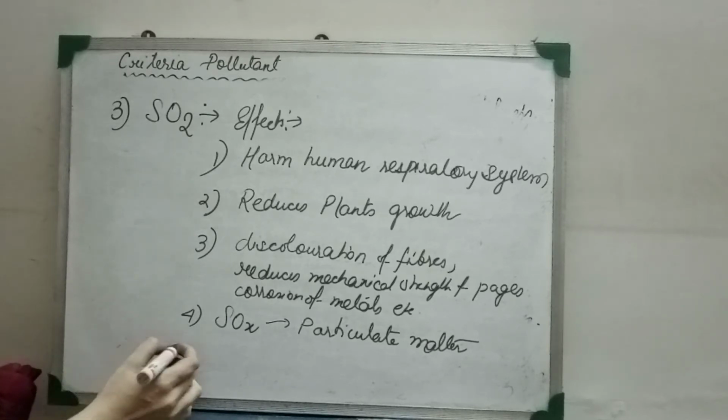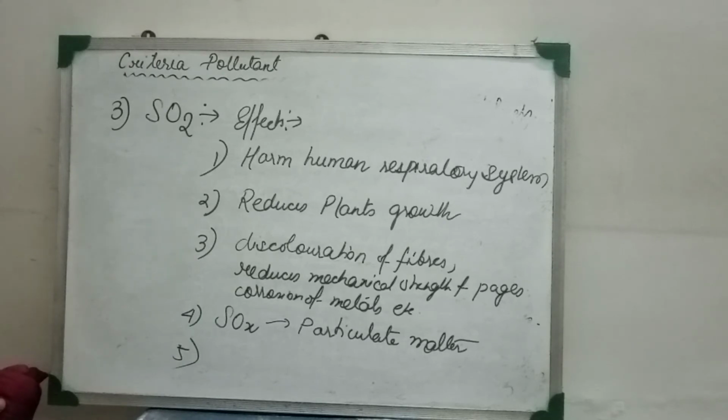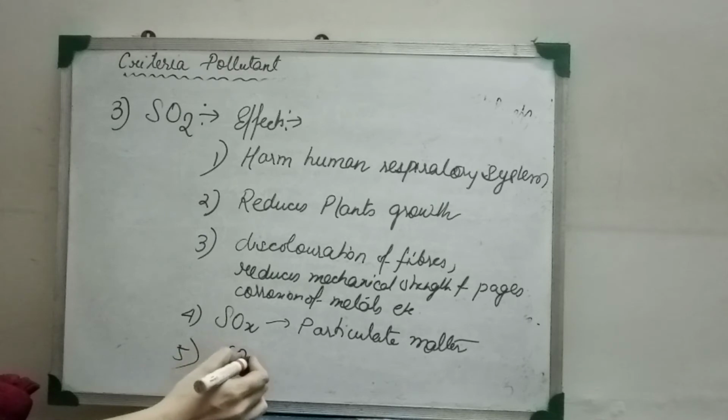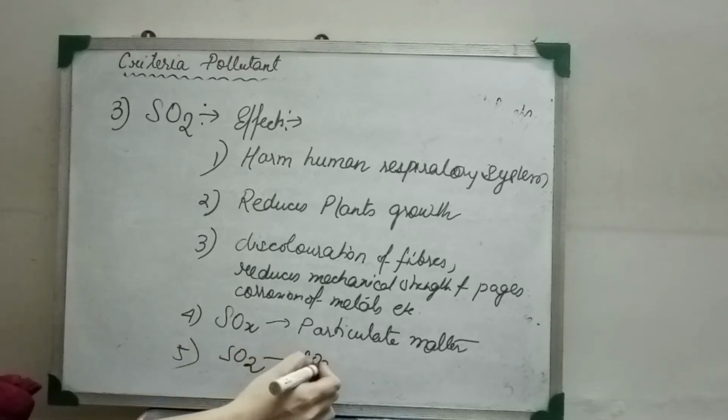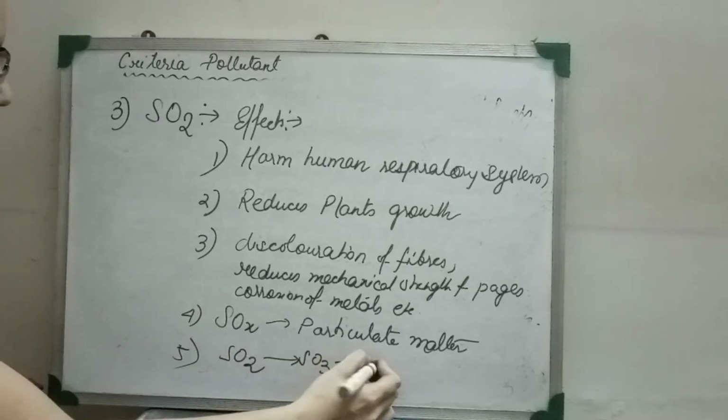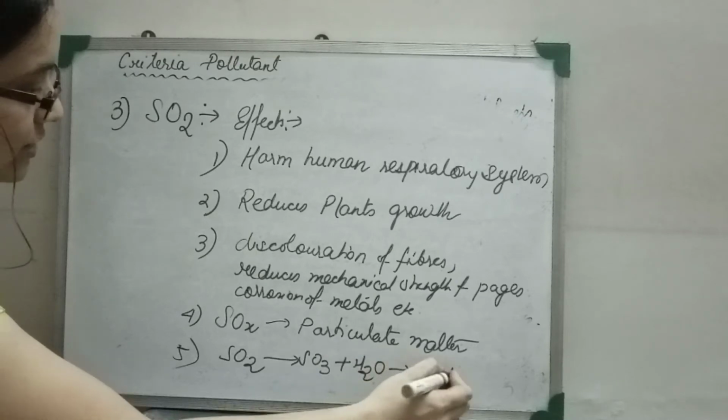And the last effect is that sulfur dioxide and other oxides of sulfur contribute towards acid rain. We know very well that sulfur dioxide gets oxidized to sulfur trioxide, and in the presence of water it results in formation of sulfuric acid.